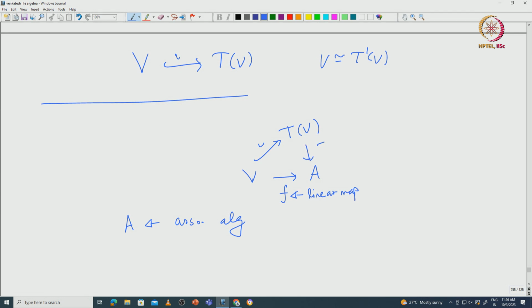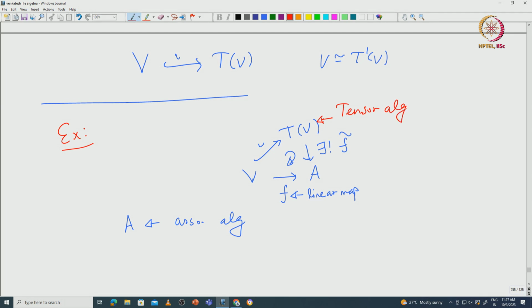Then there exists a unique extension of F to T(V), which we call F tilde, so that this diagram commutes. Given the pair A and F, there exists F tilde from T(V) to A such that this diagram commutes. That is the universal property of the tensor algebra T(V).